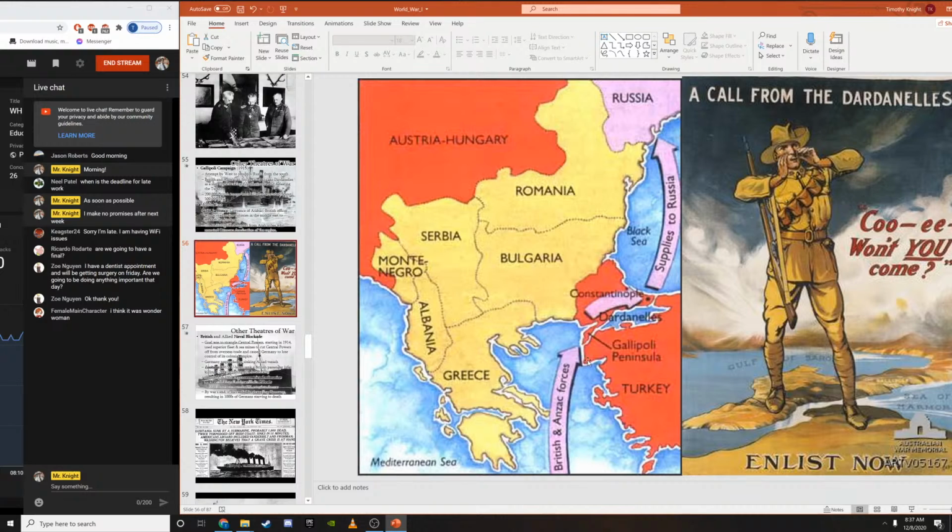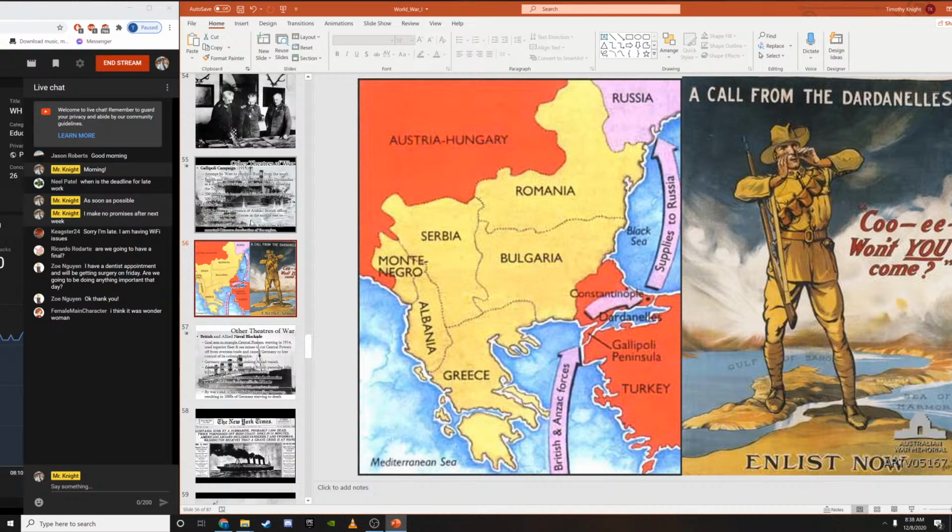The Dardanelles Strait is what needed to be taken by the Brits in order to supply Russia via the Black Sea. But they have to go through this Gallipoli Peninsula here. And once again, as they approach the Gallipoli Peninsula to get through the Dardanelles Strait, they are unable to do so. They get bogged down once again in trench warfare.